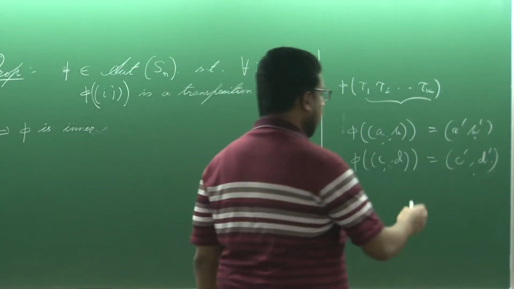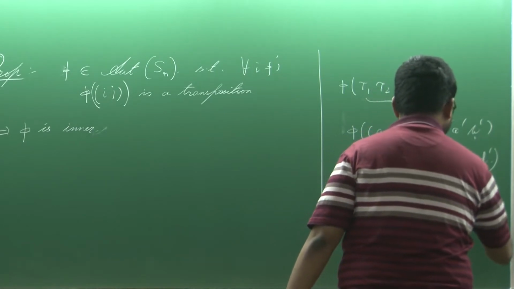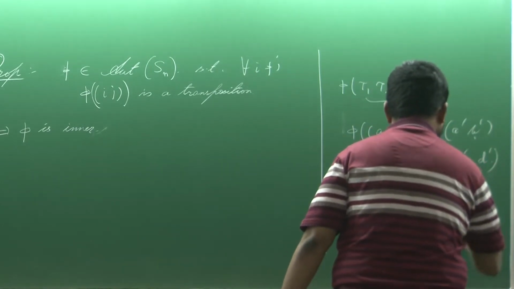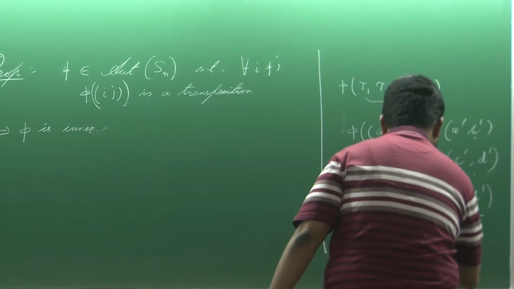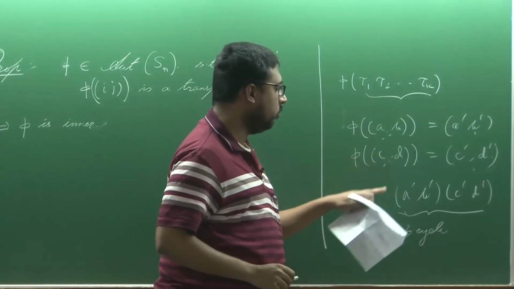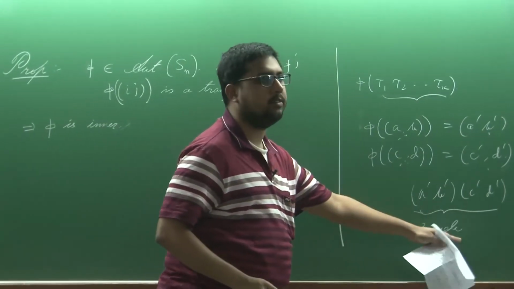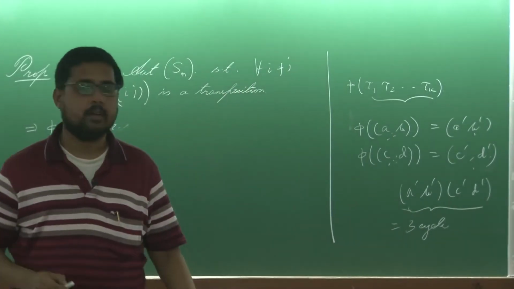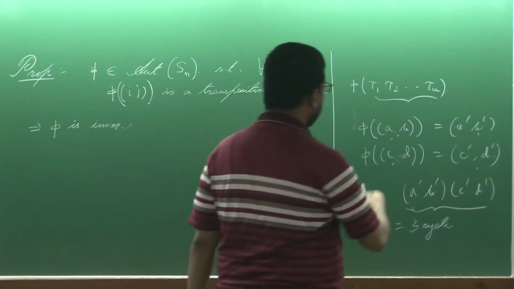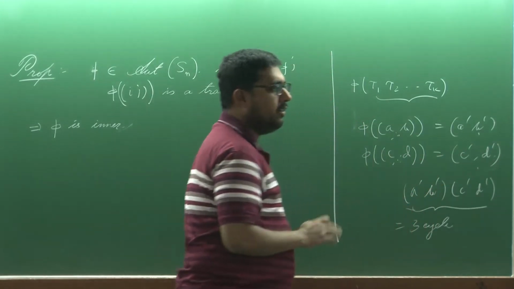Yes, that is always the case, because if they are not disjoint, then their product is going to be some 3-cycle, whereas the product of the original transpositions has order 2. A permutation of order 2 cannot be mapped to a 3-cycle, because the orders have to be the same. So, it shows that if these two are disjoint, their images have to be disjoint.